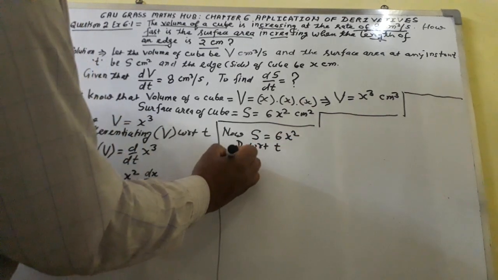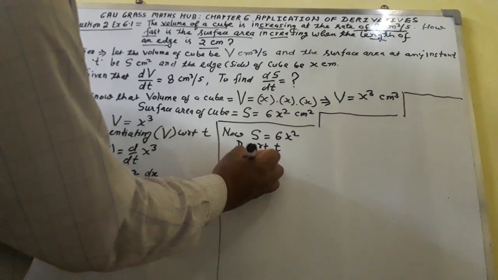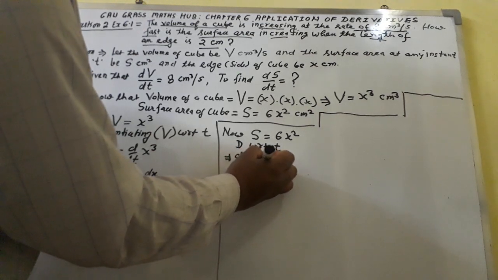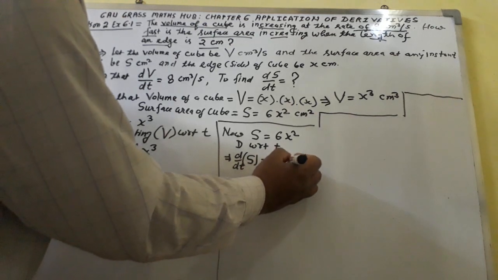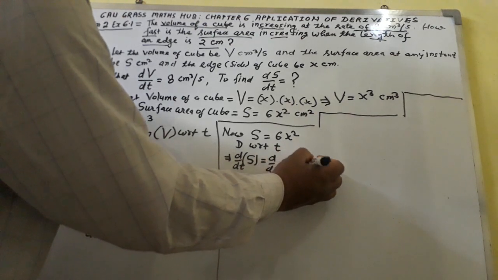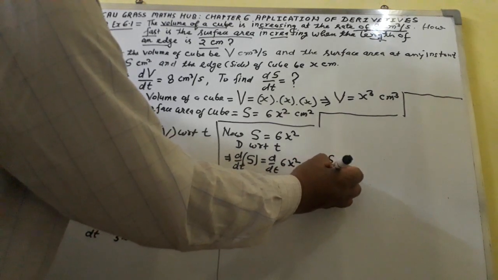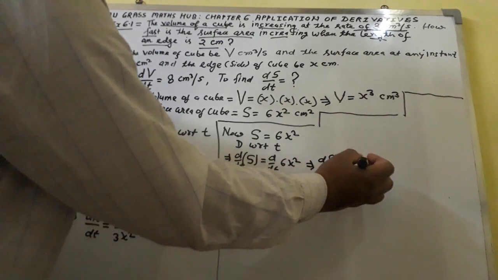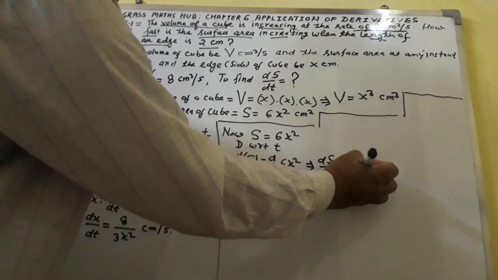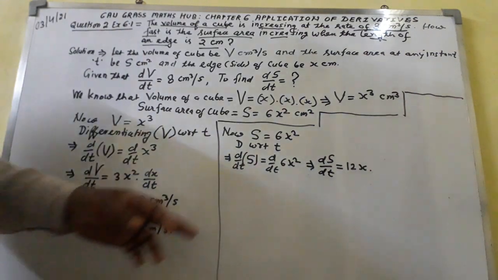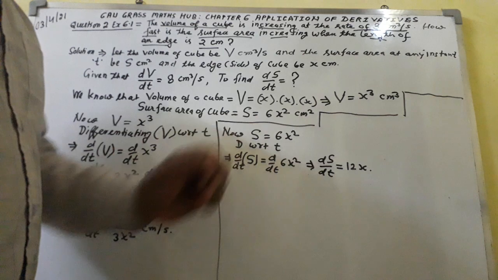So we shall get, implies that d over dt of S is equal to d over dt of 6x square comes out to be dS over dt is equal to 12x dot d over dt of 6x square.